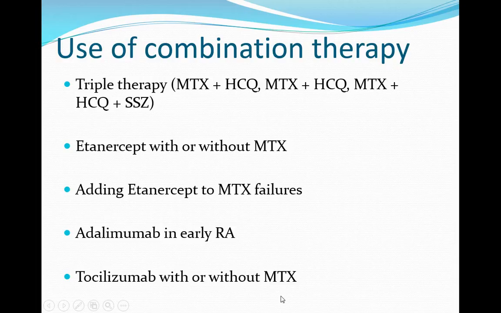And I wanted to point out using the biologics with or without methotrexate. First of all, I mentioned golimumab. It must be given with methotrexate because of antibody production. Etanercept, the studies have shown that we increase the response rate from 40 to 45% up to 60 or 70% when we add on methotrexate.